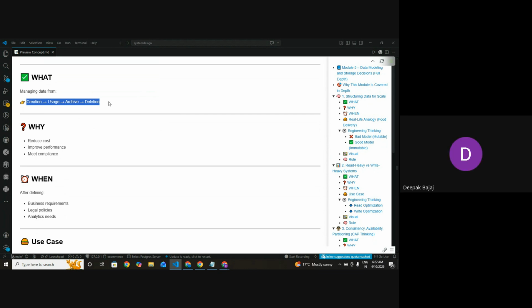Correct. Yes, archive means the retention policy is fine, but apart from the retention policy, we need to have rules as well. For example, this is a product, but this product is no more required by a client, or we are going to suspend it from our store.